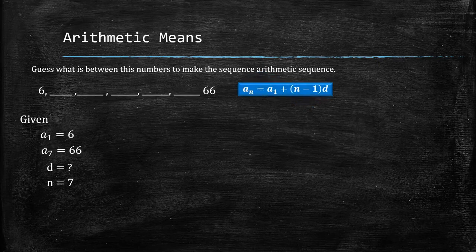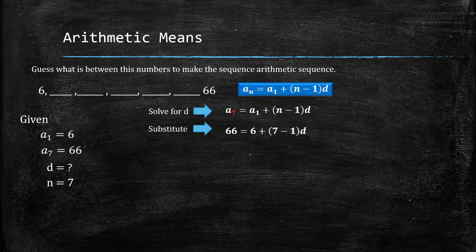So, for d, using this formula, solve for d. So again, gigamit nato ang last term nga 7th term para ma-solve si d. Substitute. So 66 is equal to 6 plus 7, meaning the 7th term, minus 1 times d. 7 minus 1 is 6. Again, transpose si 6.